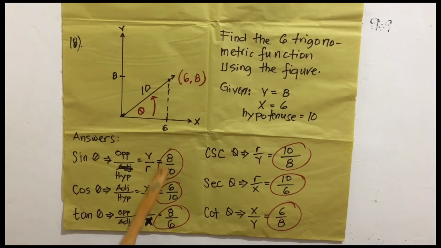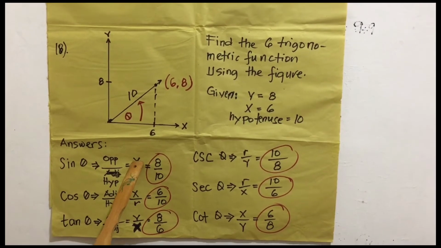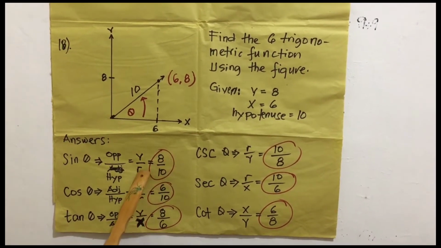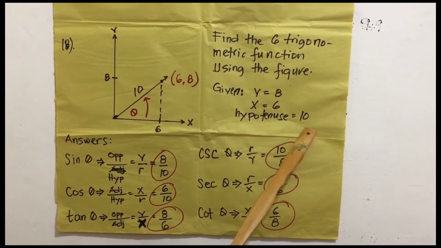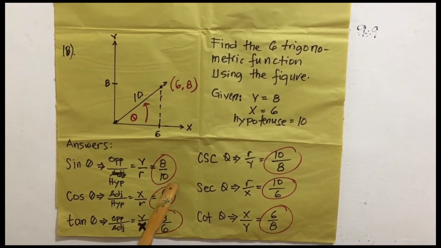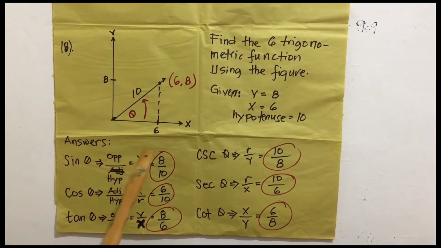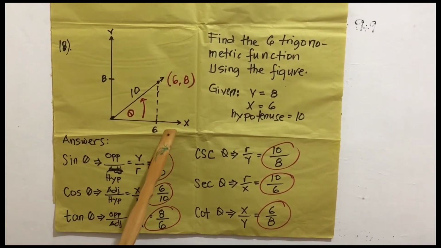Then, after knowing the formula, we're going to substitute the value of y, which is 8, and the value of r, which is 10, the hypotenuse. So that's why sine theta is 8 over 10. For cosine theta, the formula is adjacent over hypotenuse.